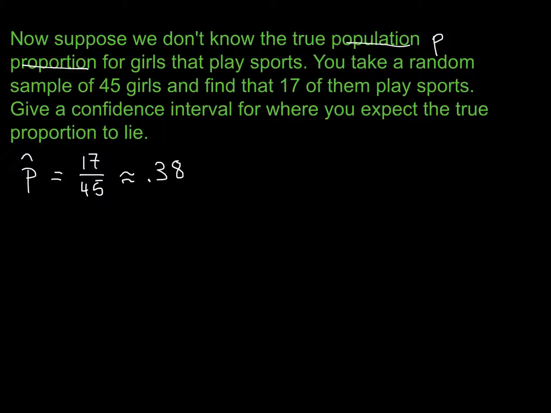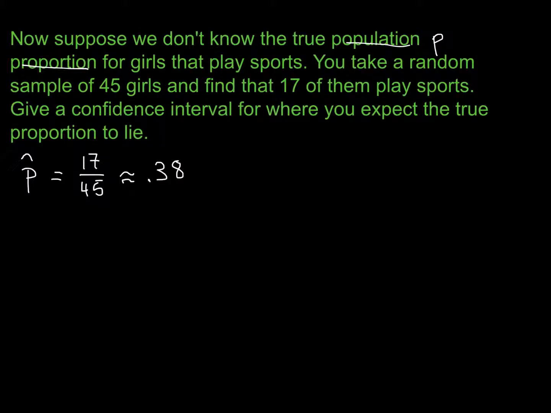Here, of course, we can't find the true standard deviation. So we're going to find the sample standard deviation, which is called the standard error. And we talked about this yesterday. So we call this the standard error. This is just an estimate of the standard deviation.